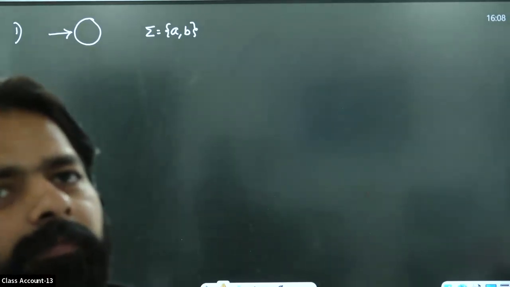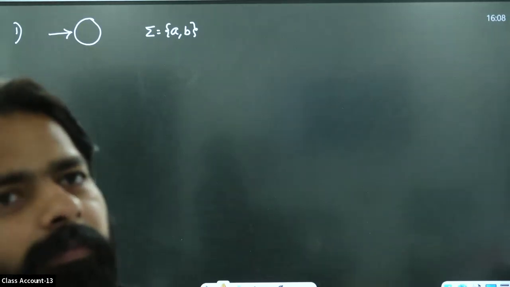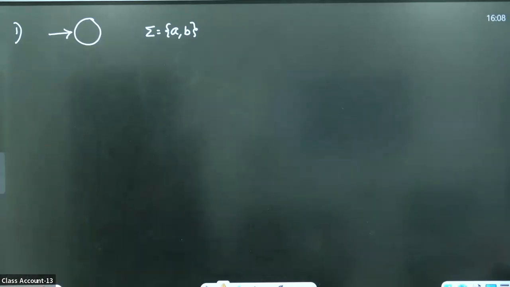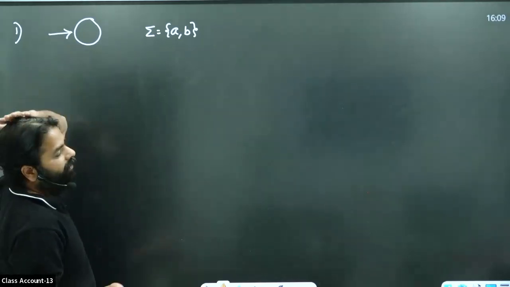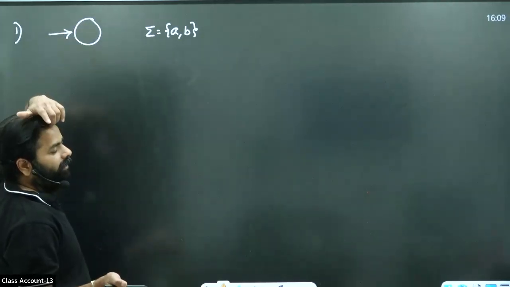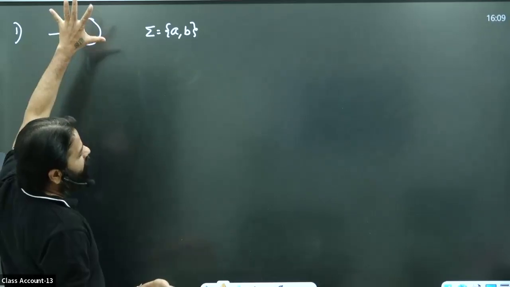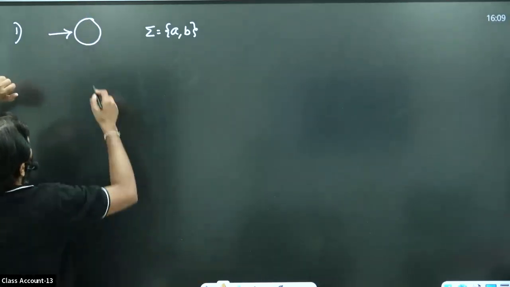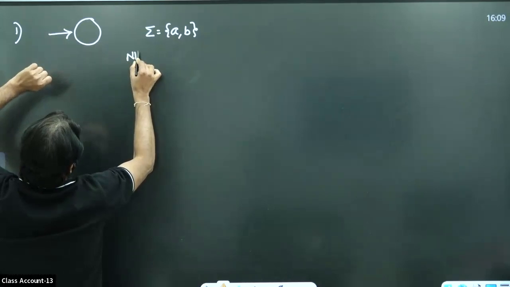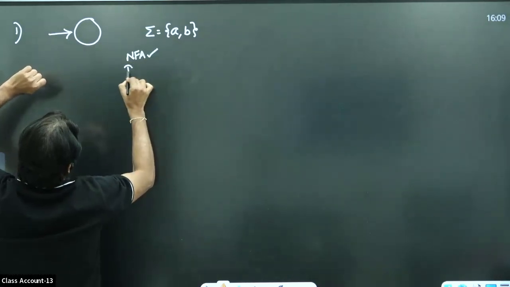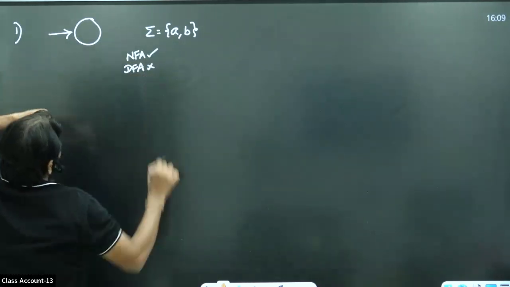It is an NFA. Everybody understood? From every state, for every input symbol, exactly one transition says DFA, but there is no transition for the state. So it is not a DFA. But every machine that you see is an NFA. We don't demand how many transitions. It is only NFA, but DFA, no. Correct?